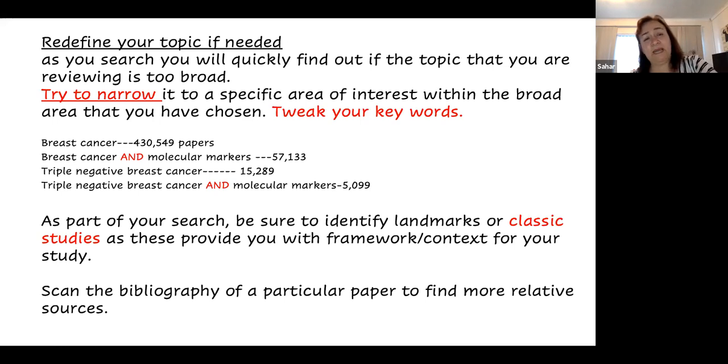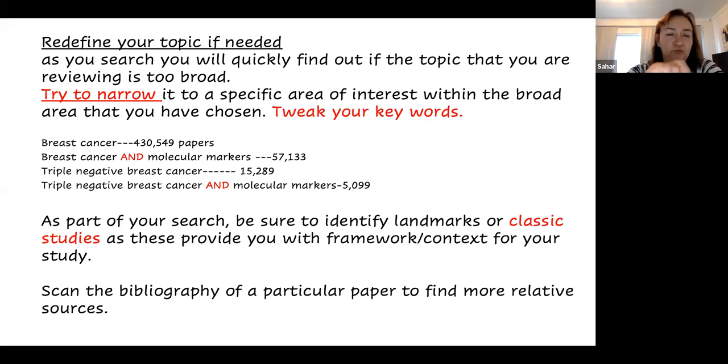So, for example, when I put breast cancer and molecular markers, with the AND written in capital letters, called Boolean operators, the addition of more words will reduce the number of papers that you can trace.